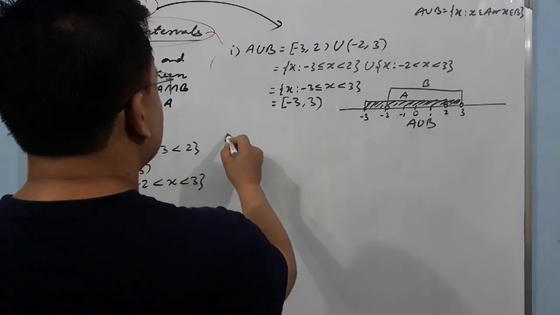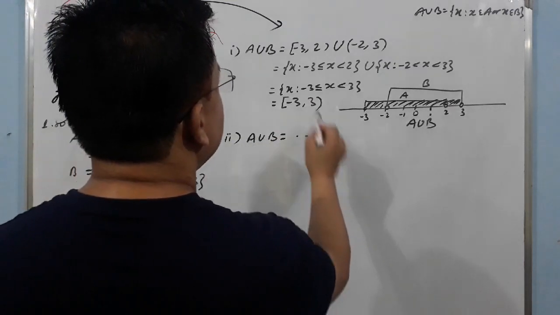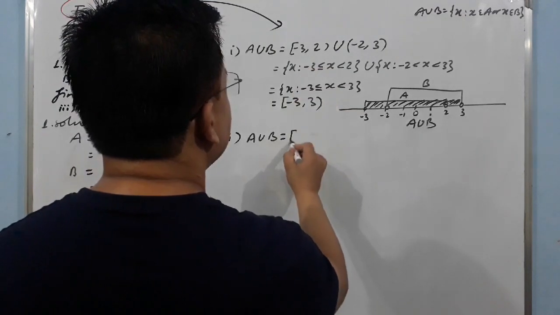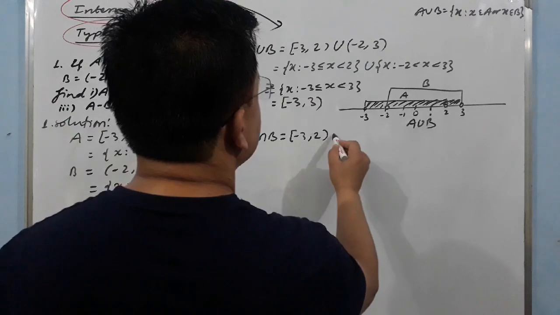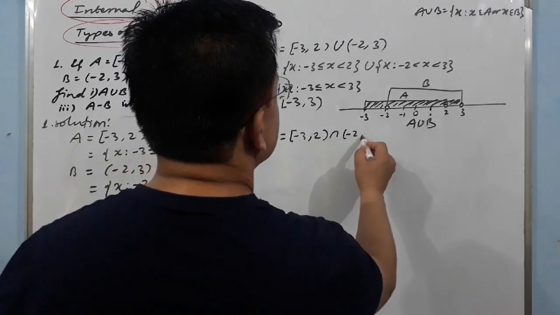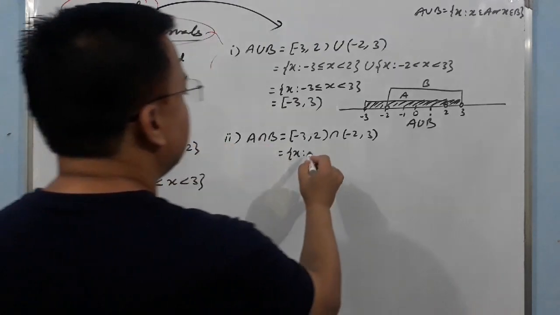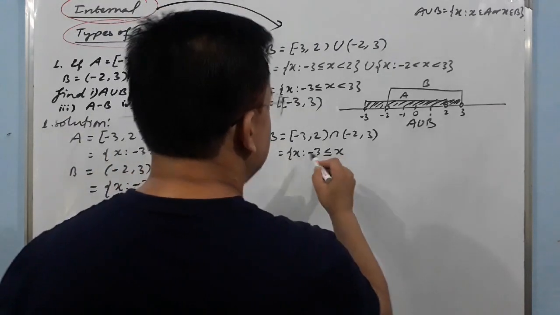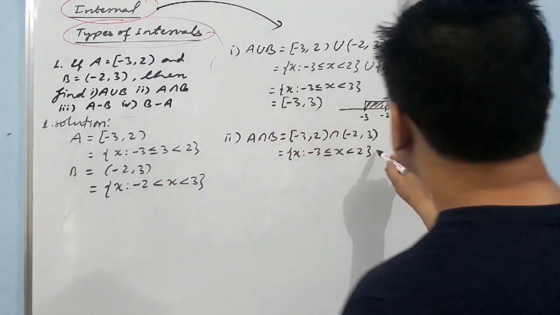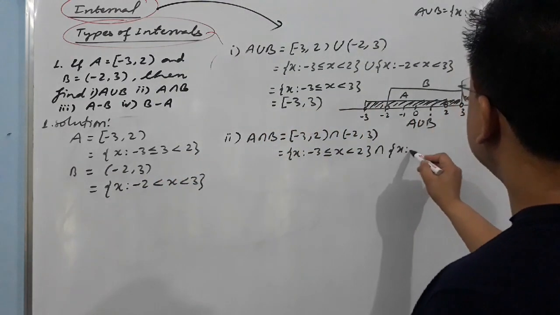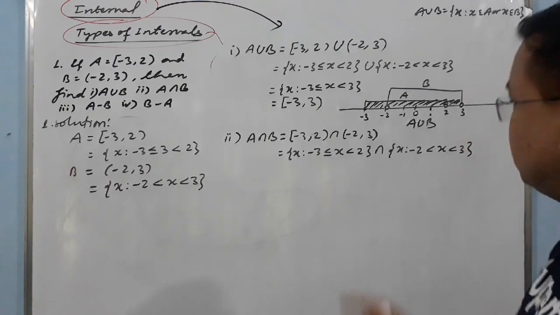Now the second one: A intersection B. Same thing, let me write it: the intersection of [minus 3, 2) and (minus 2, 3). In set builder form, minus 3 less than or equal to x less than 2, intersection minus 2 less than x less than 3.